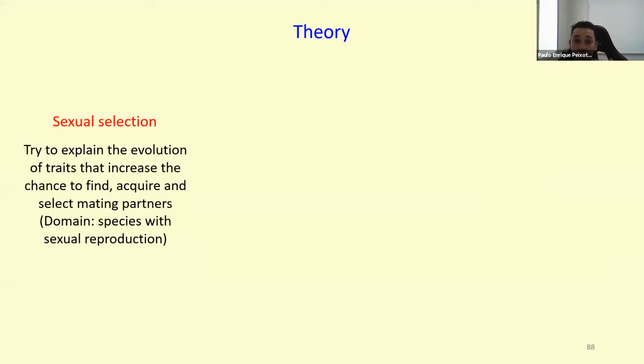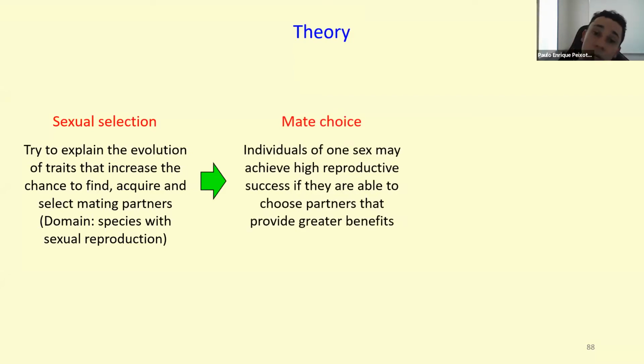But sexual selection contains many different processes, many different mechanisms. And one in particular interested me to make this hypothesis, which was mate choice. So mate choice is a smaller process inside sexual selection, and it states that individuals of one sex may achieve high reproductive success if they are able to choose partners that provide greater benefits. So if individuals that choose specific partners increase their mating success, this behavior, which is mate choice, may be favored, okay?